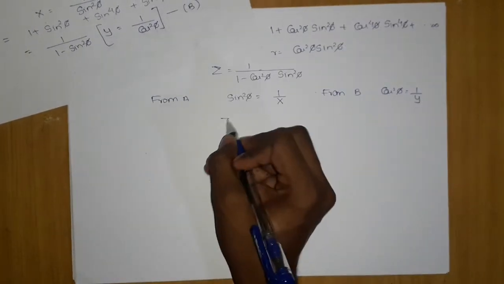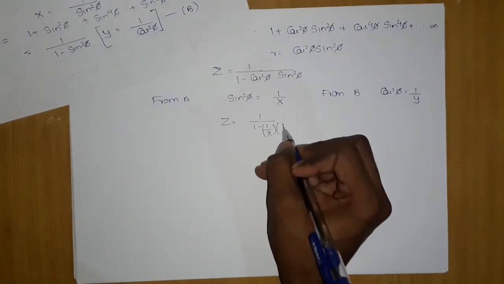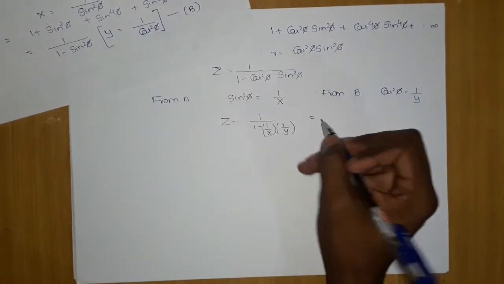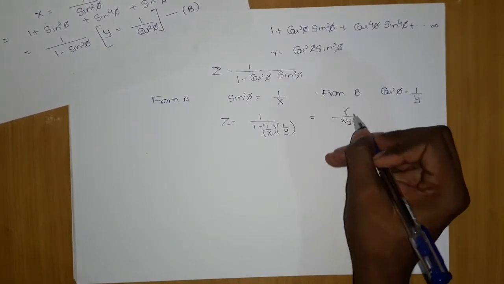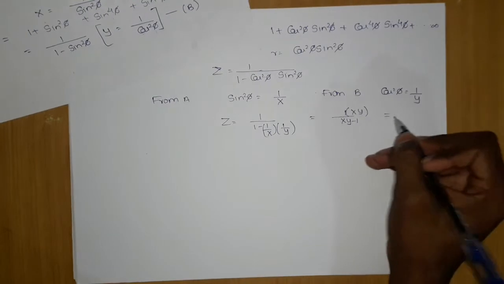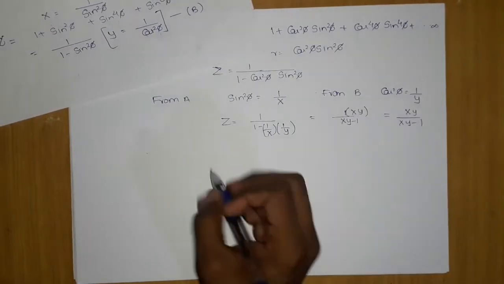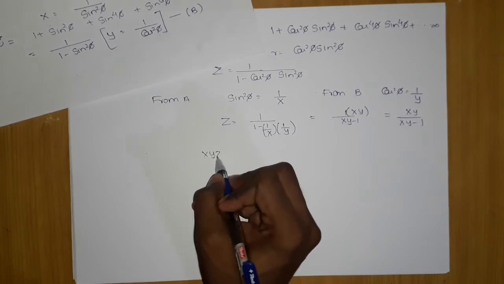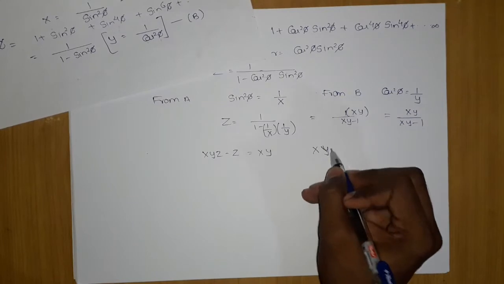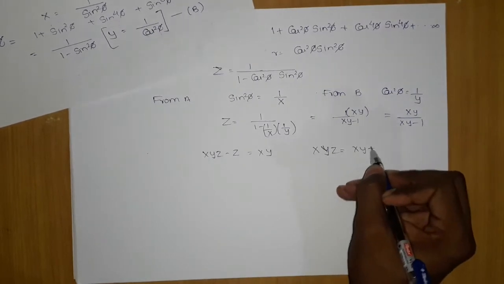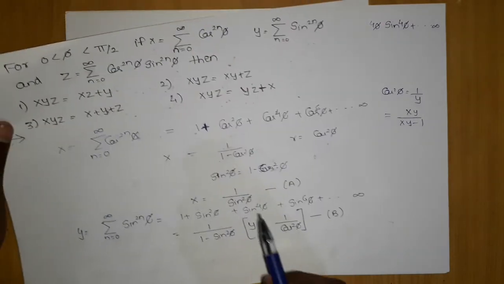So let's substitute: z is 1 upon 1 minus 1 upon xy, which gives me xy upon xy minus 1. So here is my z. Multiplying, xyz minus z should be equal to xy, giving me finally xyz is equal to xy plus z.